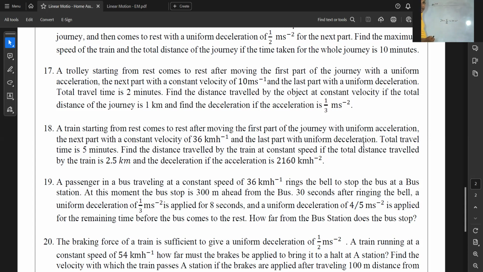Then the next part is 10 ms minus 1. The last part is uniform deceleration, and it comes to rest.